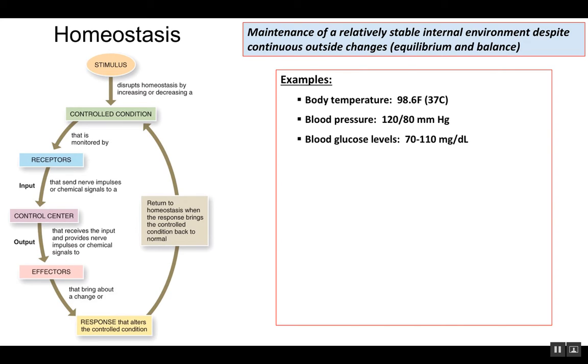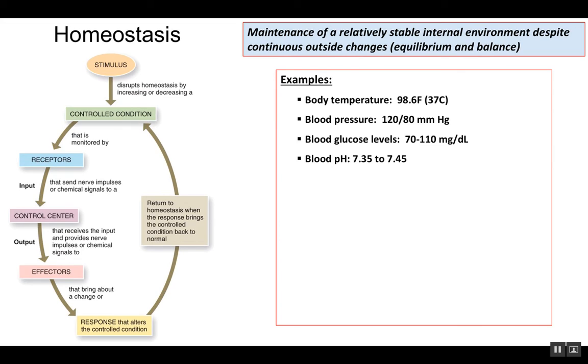We don't want it to get below 70, so there's got to be measures that are taken to keep it above 70. So 70 to 110 milligrams per deciliter is the amount of blood sugar or blood glucose you should have normally, and it's usually taken when you're fasting, when you haven't had a meal.